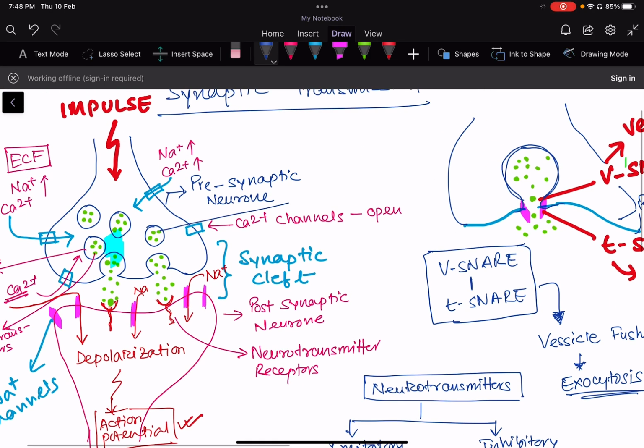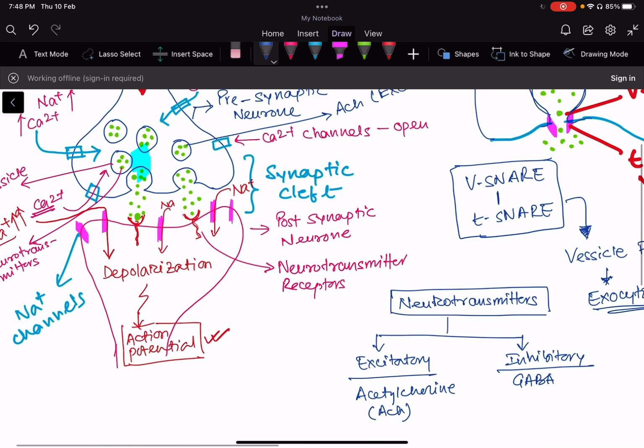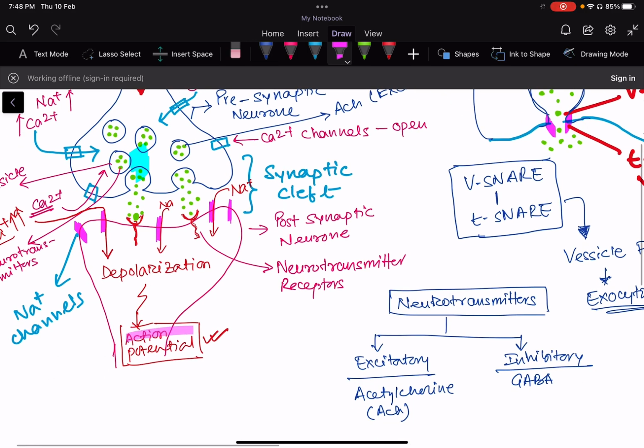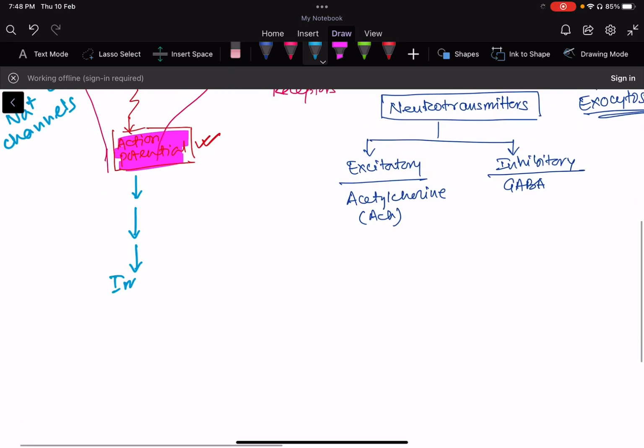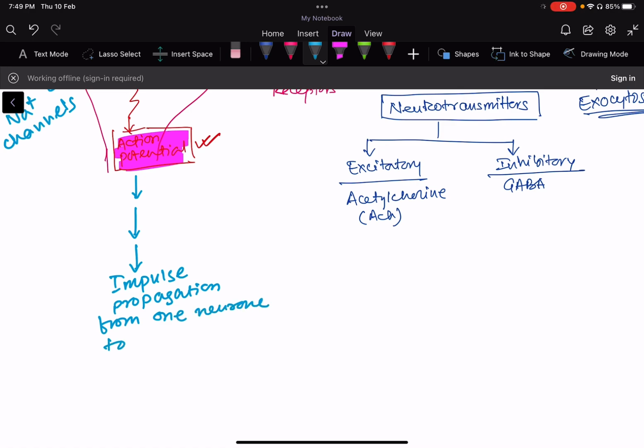So let's say this neurotransmitter was acetylcholine, which is excitatory. So an action potential will be generated in this part, and then the impulse will be propagated from one neuron to another neuron.